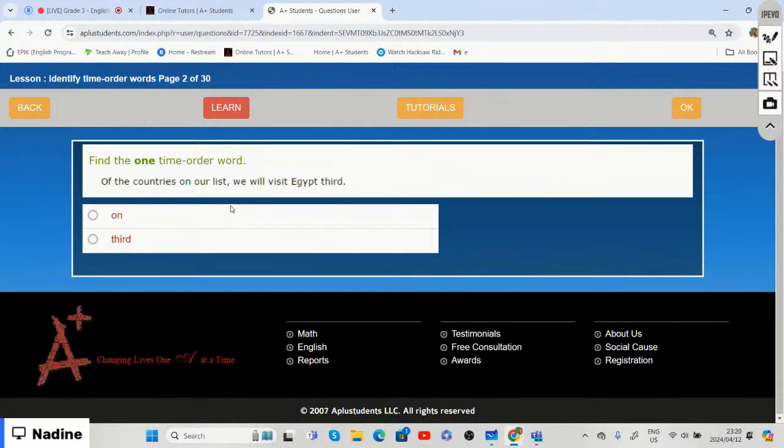So, is it on or third? Of the countries on our list, we will visit Egypt third. We need to choose the one time order word.